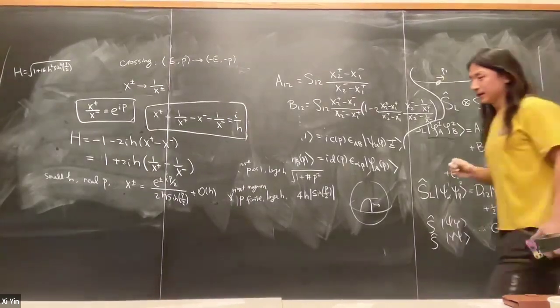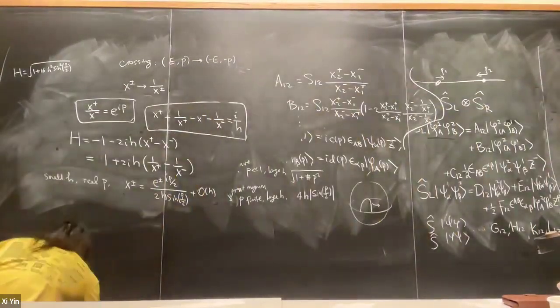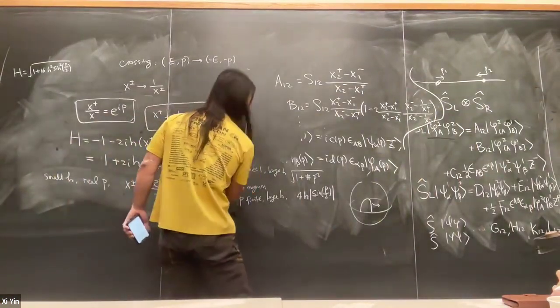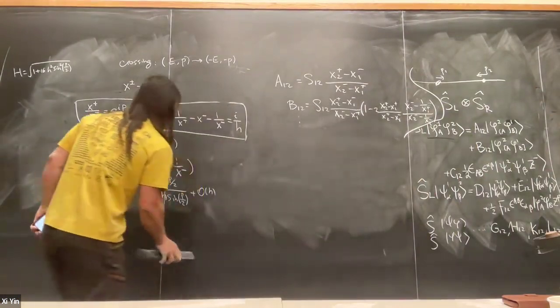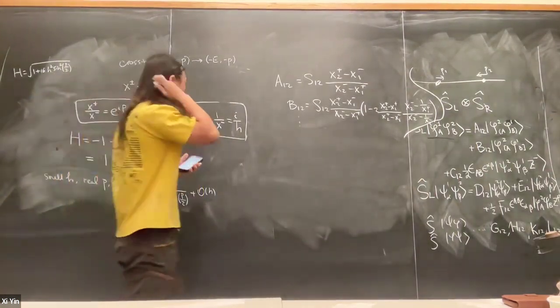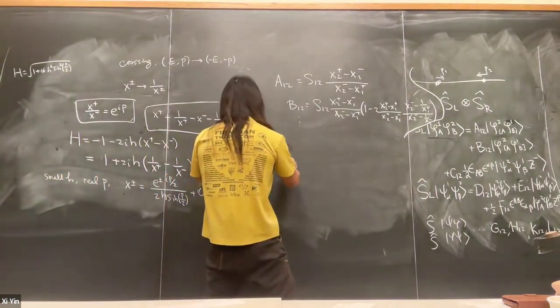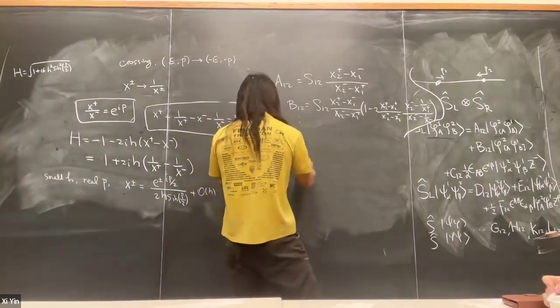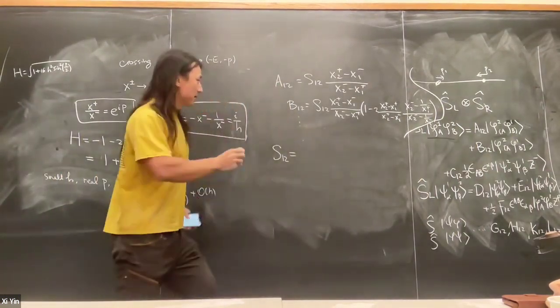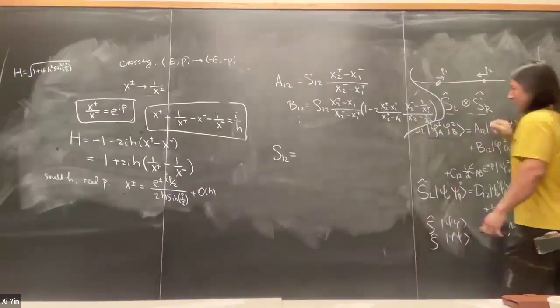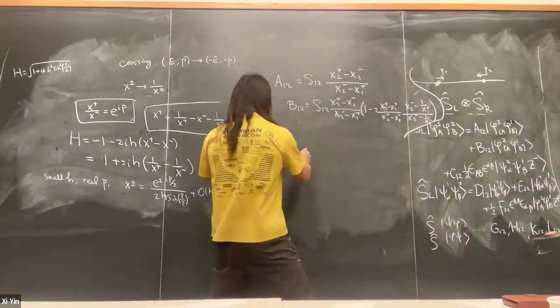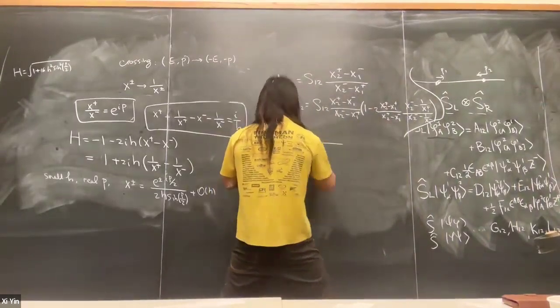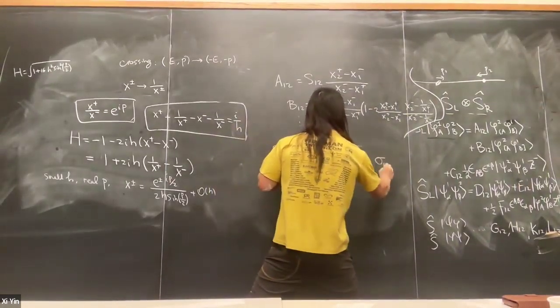But let me come to the upshot here, which is, let me just make a statement. We'll discuss its justification later. We then rewrite this S12 as the following. First of all, remember that we have the left and right sector. We have to tensor them together. So I'm just doing one sector for now. S12 is going to be equal to, this is just a definition, something times sigma 12.